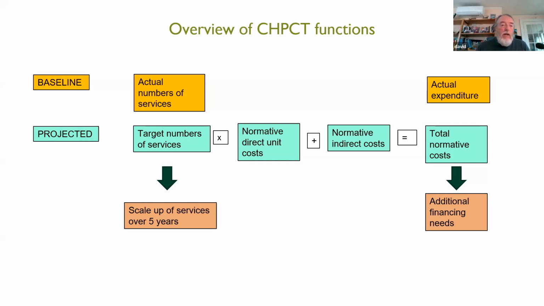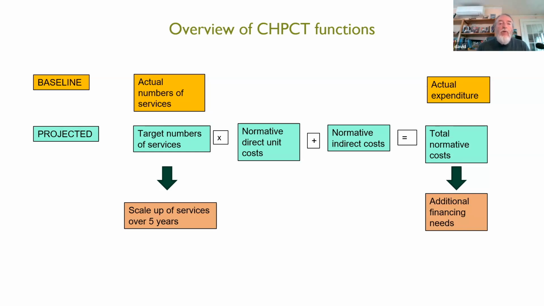Just to explain a minute what we mean by normative costs. Normative costs are the costs of providing the service in a good quality way. So it assumes that the community health worker has sufficient time to provide the service and that he or she has all of the equipment that they need, has the medicines and supplies that they need, and has the support from supervisors and managers that they need, so that it's a fully functional service.